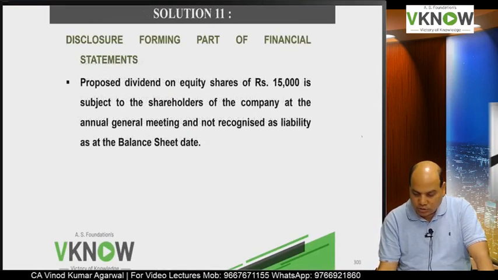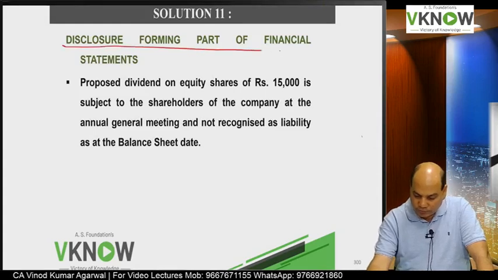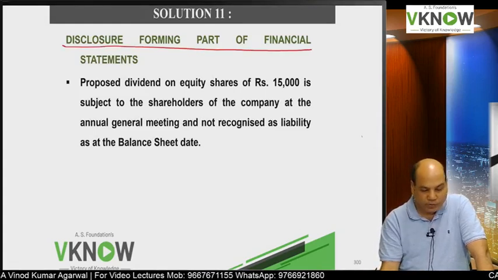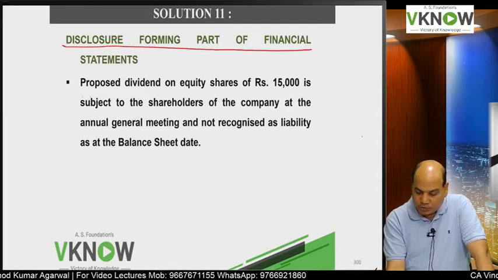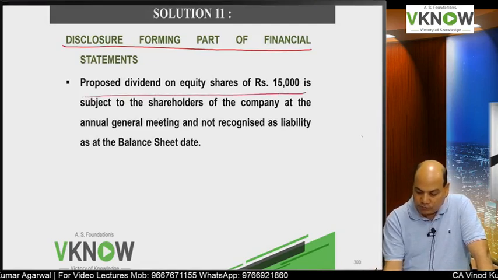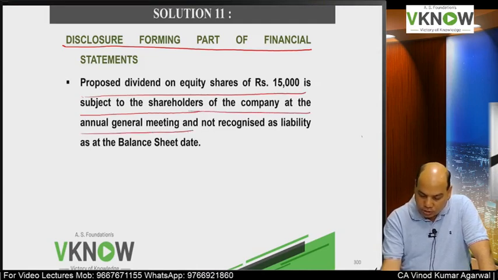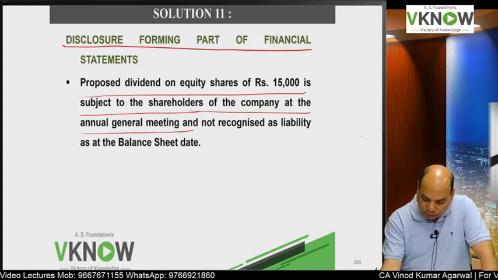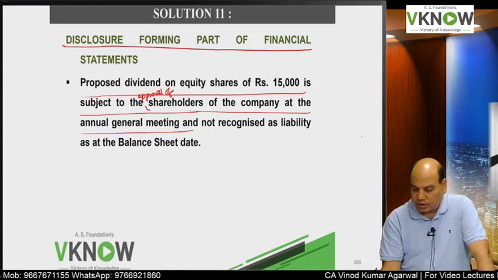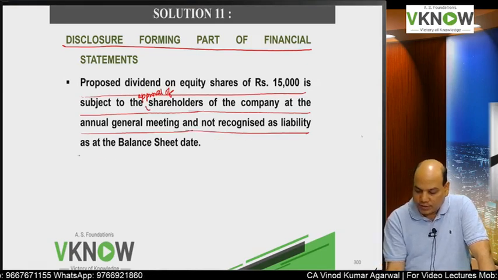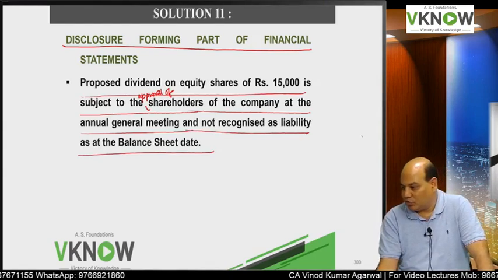Some disclosures are also written in your answer. Disclosure forming part of the financial statement. First is proposed dividend of 15,000 is subject to approval of shareholders of the company at the AGM and not recognized as liability as at the balance sheet date.